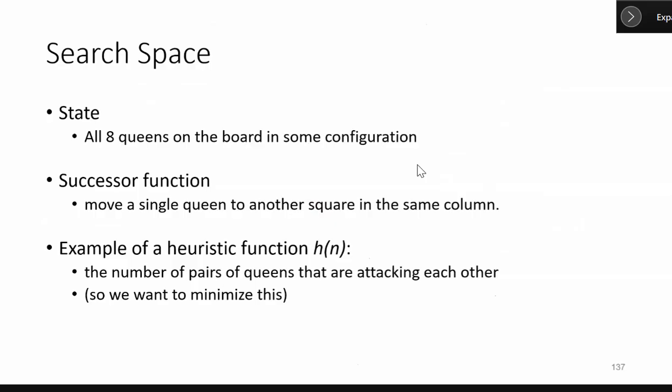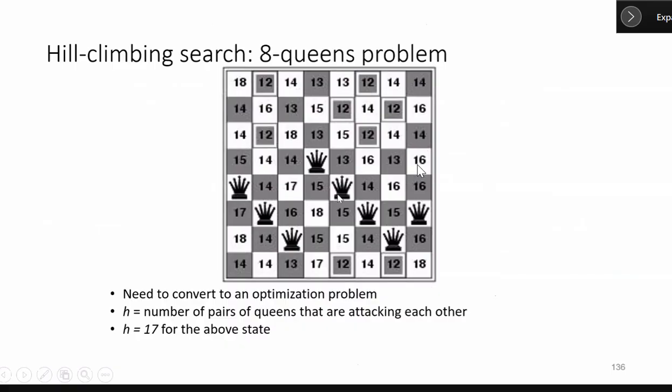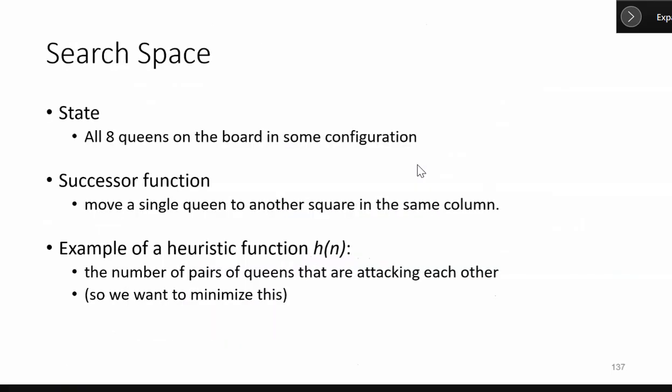An example is the number of pairs of queens that are attacking each other. So what is the heuristic function here? In such problems we will always be minimizing the heuristic function. So the heuristic function here means the pairs of queens that are attacking each other.